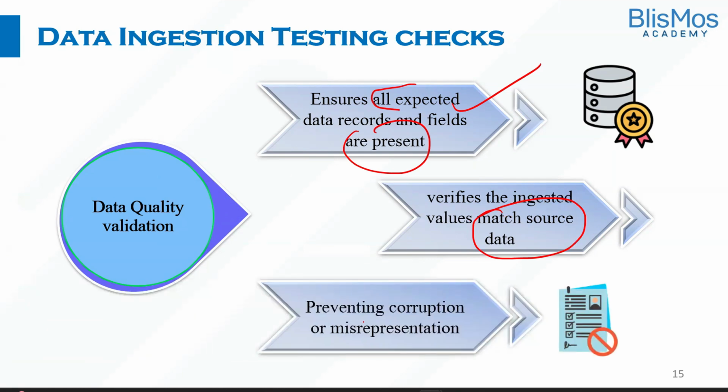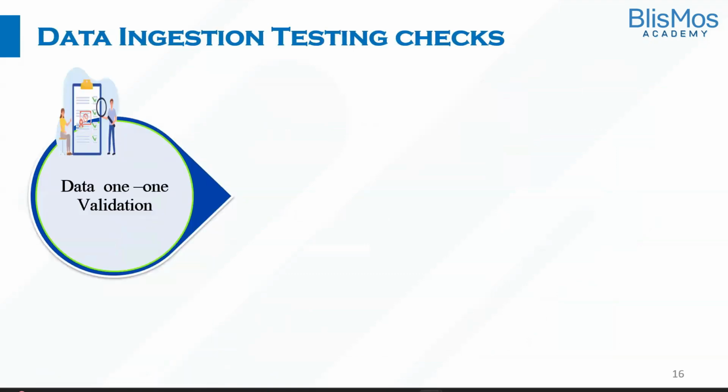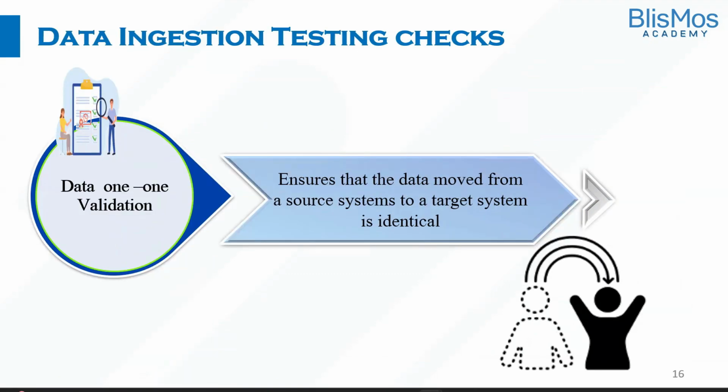Then we also see if there is any corruption or misrepresentation of the ingested data. After validating the quality, we also go for data one-on-one validation. As a part of this, we ensure that the data moved from the source systems to the target system is identical. Wonderful. We understood how data ingestion testing is done. Thank you.